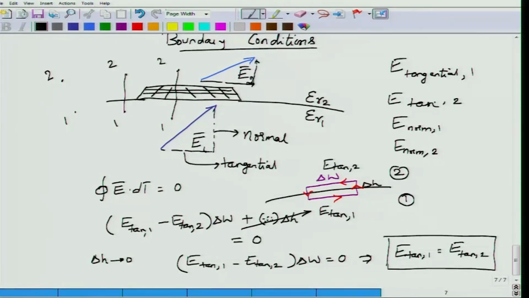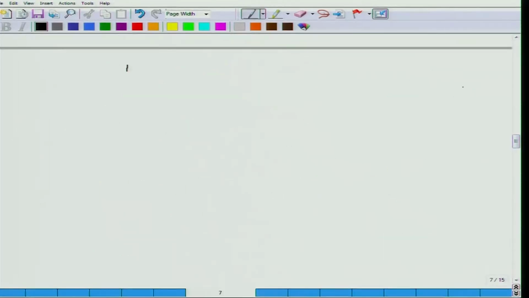Now we have found the relation for the tangential electric field, which allows us to write down the expression for the D field. The tangential D field can be related to the tangential electric field in medium 1 by the permittivity of that medium. So I have epsilon 0 epsilon r1 times E tan 1.